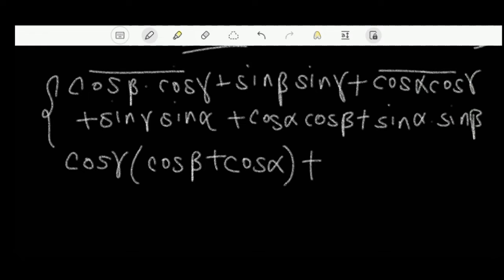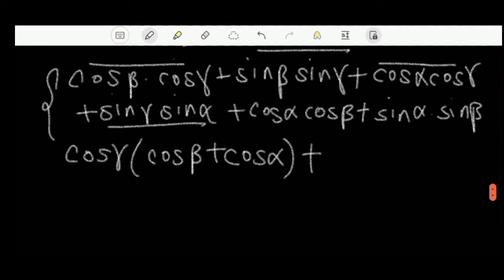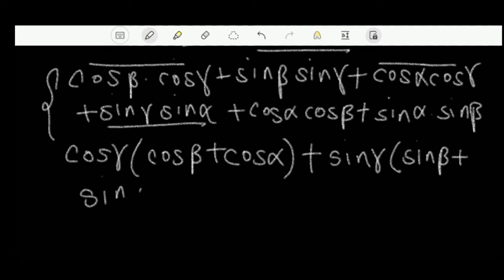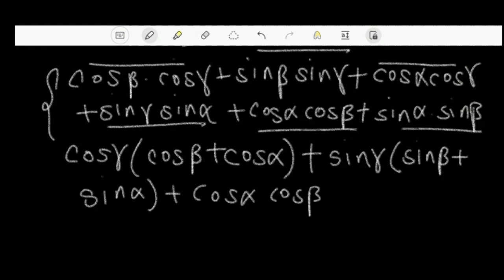plus, now similarly we can take sine of gamma common from the second and the fourth term. So we can say sine of gamma multiplied by sine of beta plus sine of alpha, and the rest of the part we can write as cos alpha cos beta plus sine alpha sine beta.